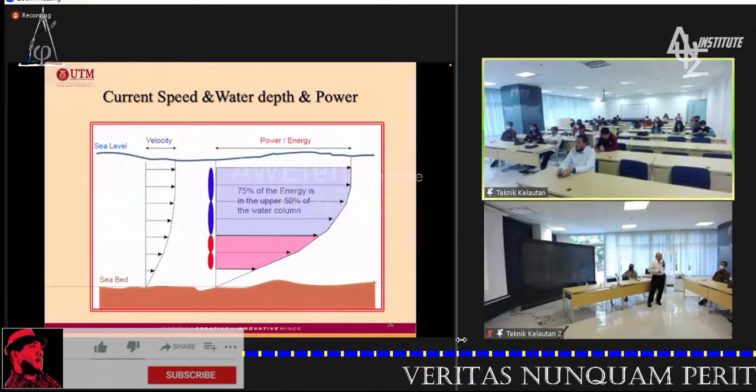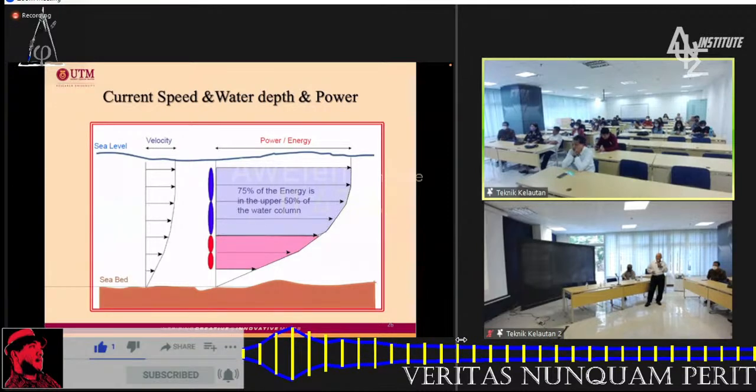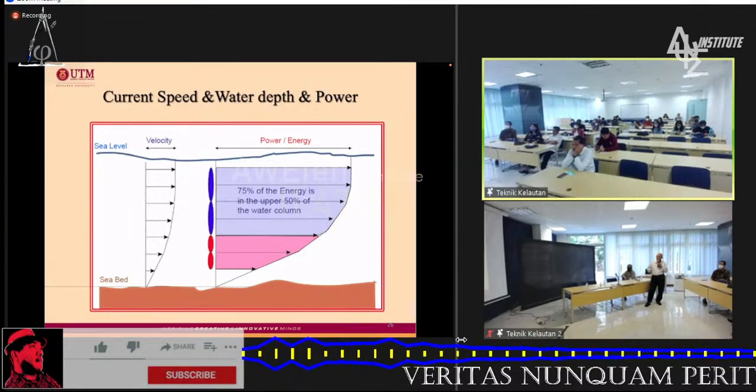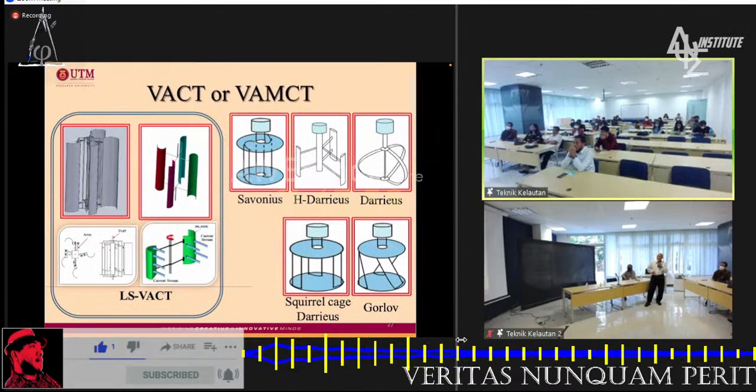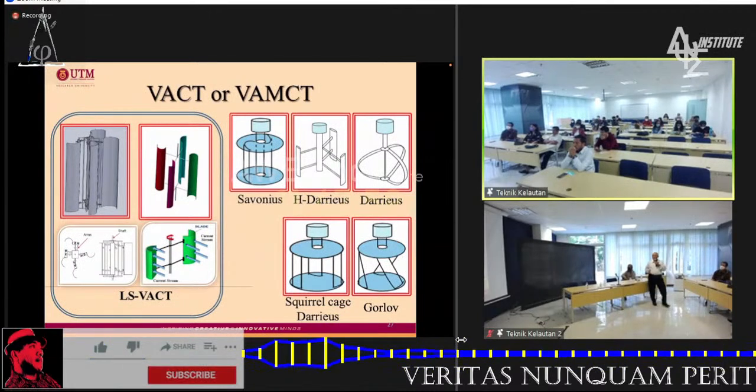So almost maximum, the profile is near the surface of the sea level. So we need to have sort of a floating turbine. It is this comparison of the one that we are proposing, this type of turbine.